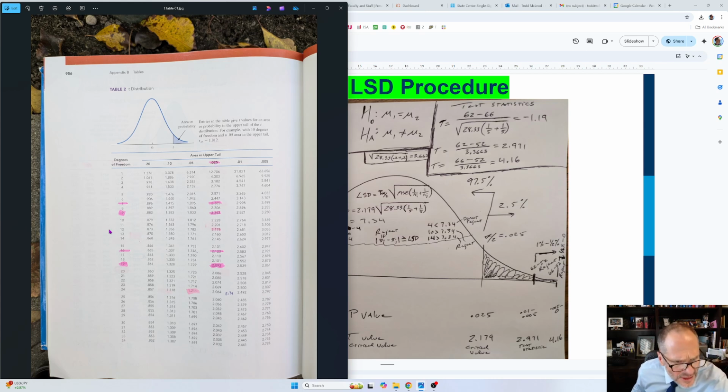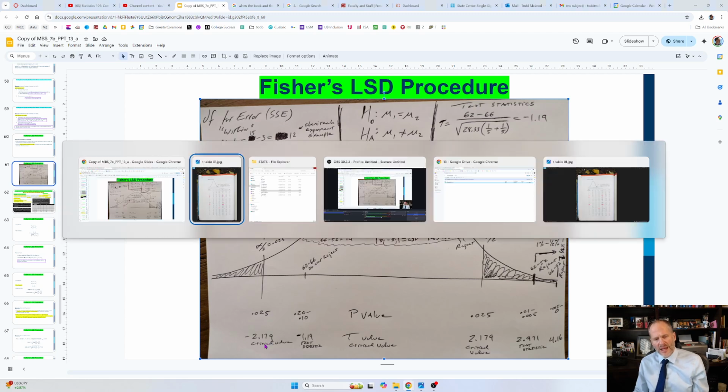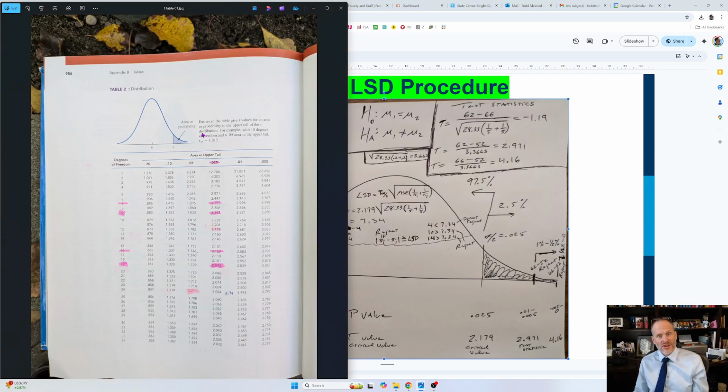Here's 12 degrees of freedom. We've got 2.179 as our t-value. You see that right there, 2.179. So we could put this down here, 2.179. We've got 0.025 here, and we could do a negative 2.179 because this is symmetrical. And that's just in the book.